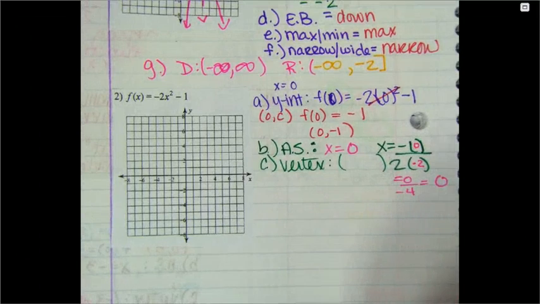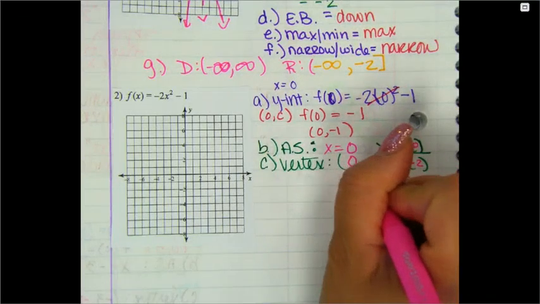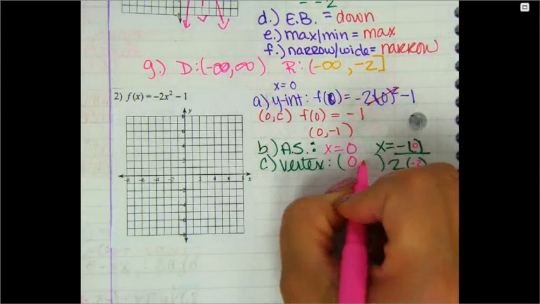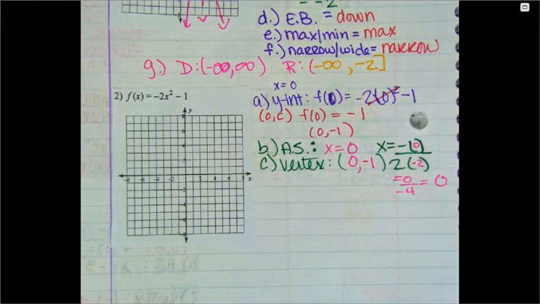Yes. What was it? The one above it, the y-intercept. So I get 0 comma what? Negative 1. Remember, it's a function, so if I plug in 0, I'm always going to get what? In this one, negative 1, right? So if I get the same answer twice, then that point is just the same thing, which means my vertex and my y-intercept are exactly the same.